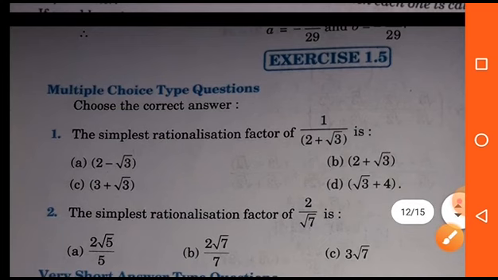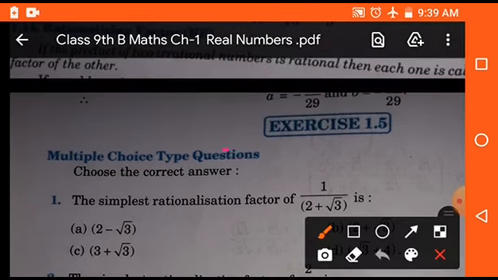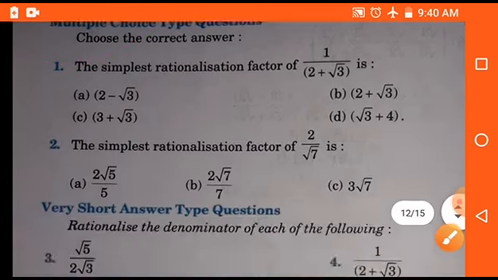So student, you can solve exercise 1.5 using the above examples and the above description. So you can solve all the questions, and these questions are very simple, and you can multiply and divide by the denominator term.